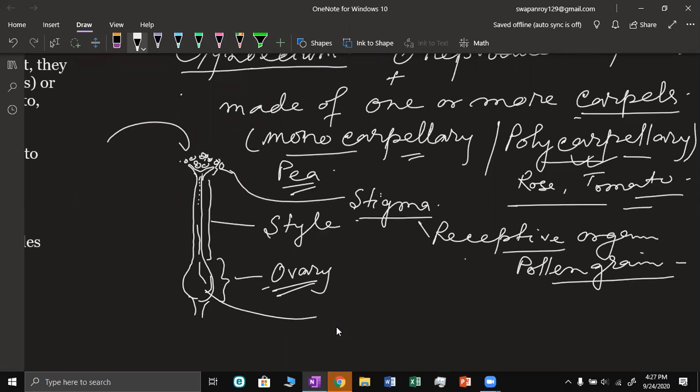Within the ovary there is an ovary chamber, and within the ovary chamber there are ovules. Within the ovules develops the egg, the female reproductive cell, the female gamete.